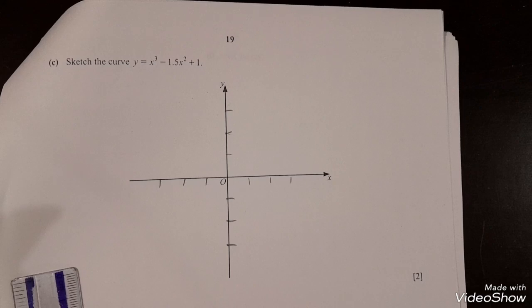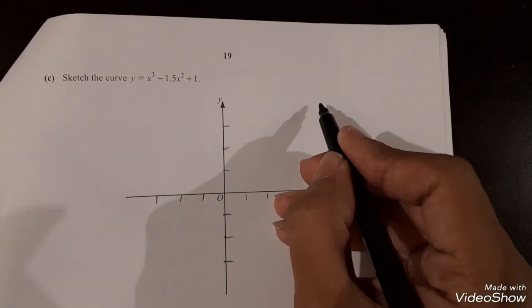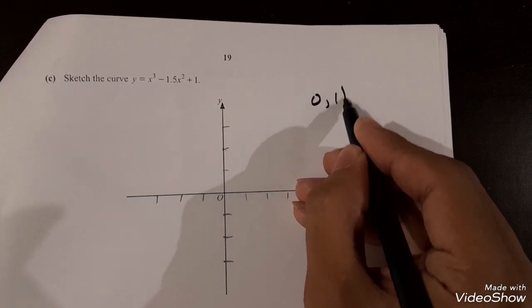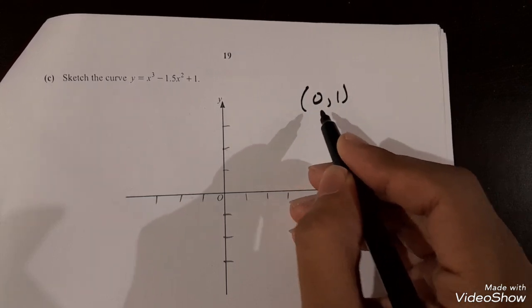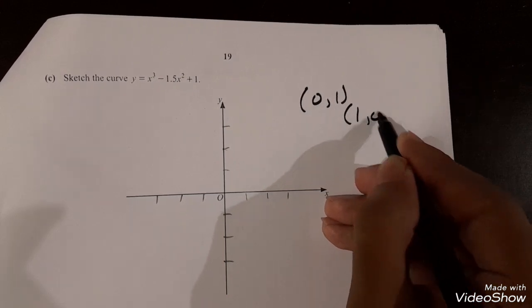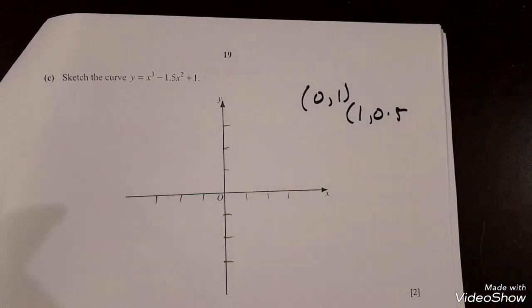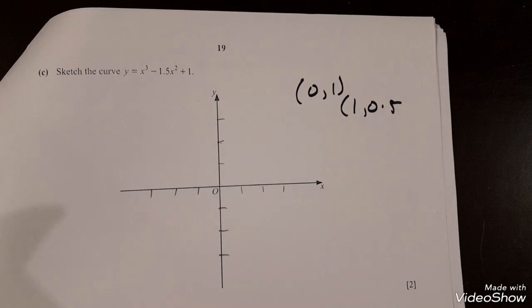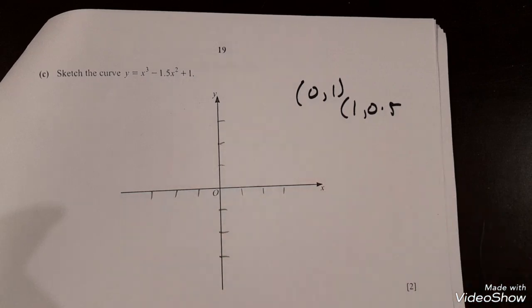Now the first point over here will be 0 and 1, and next will be 1 and 0.5. So what we will do is use a pencil and draw this line over here.